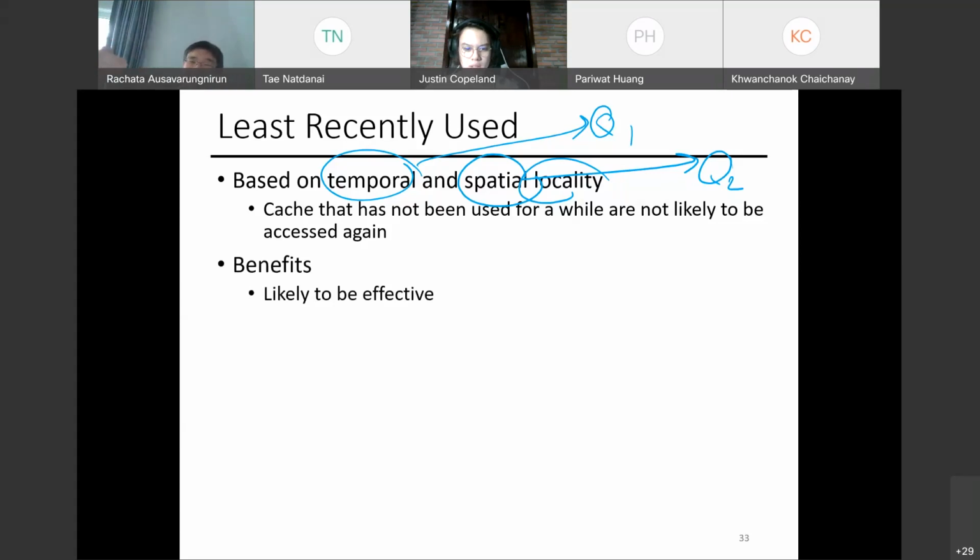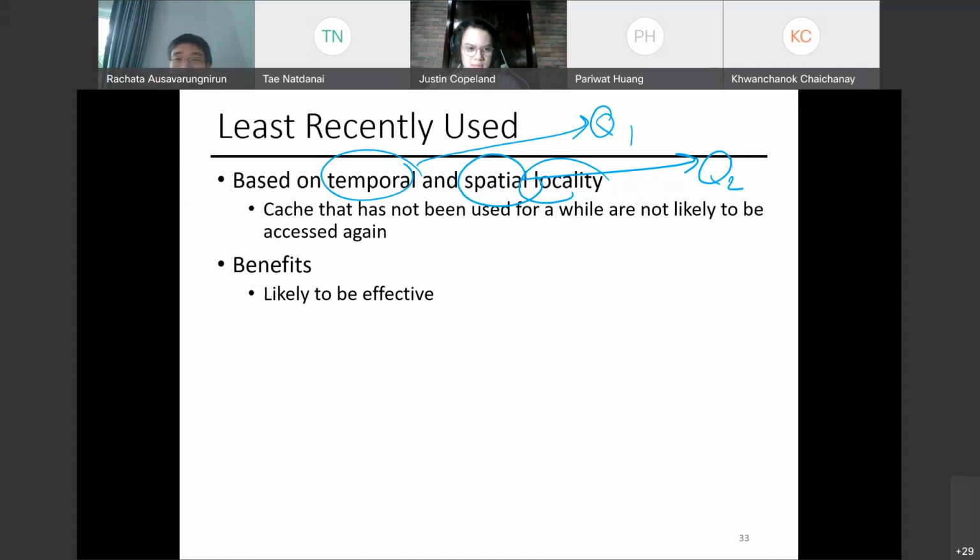LRU takes advantage of this observation, saying, hey, if you have temporal locality and spatial locality, what would be the cache block that you should kick out? It should kick out the block that has been used the least recently, right? Because it's likely that you're not going to use it anymore compared to other cache blocks. The likelihood that you're going to need it is smaller.